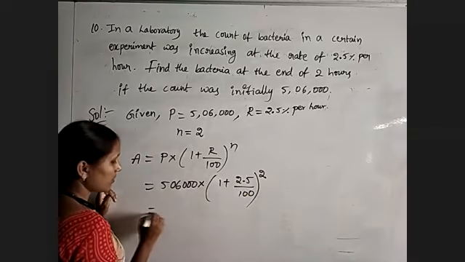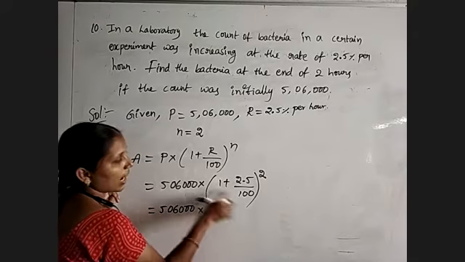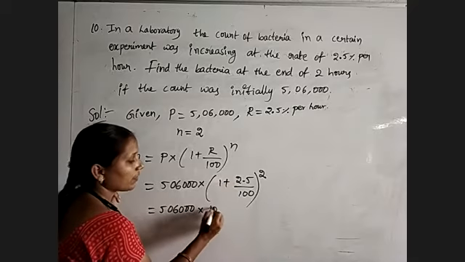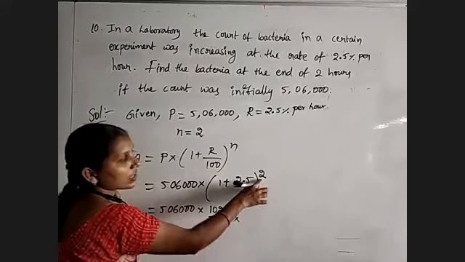Then this is equal to 5,06,000 into 102.5 by 100, because 100 plus 2.5 is 102.5, into 102.5 by 100, since it is 2 times.